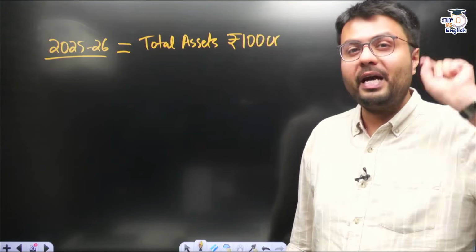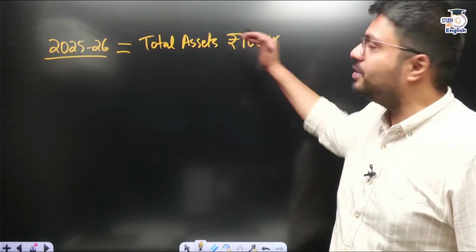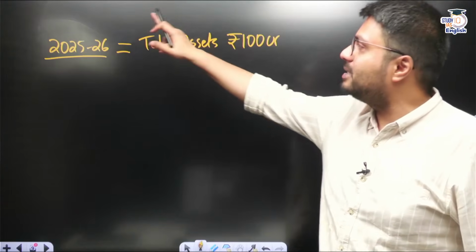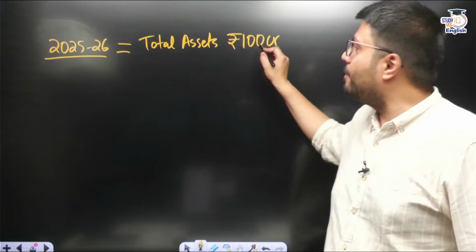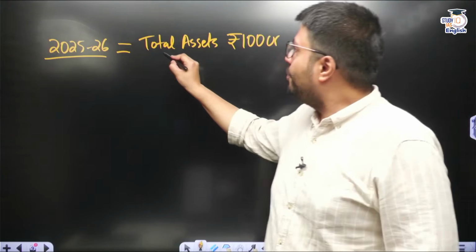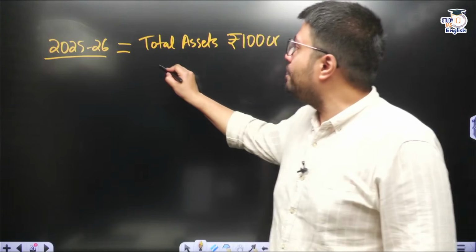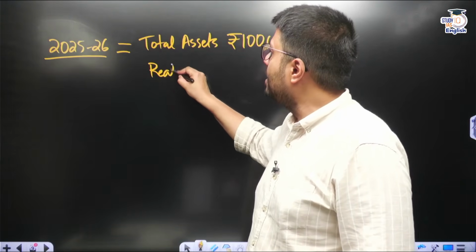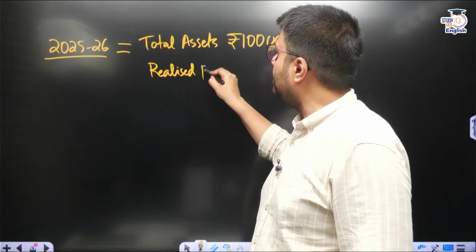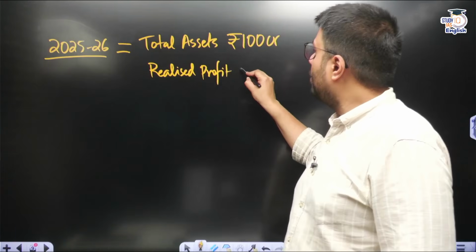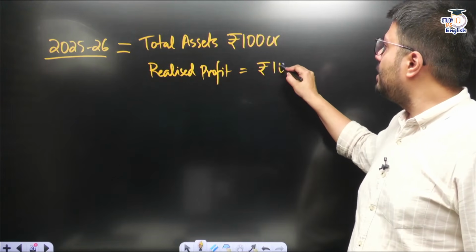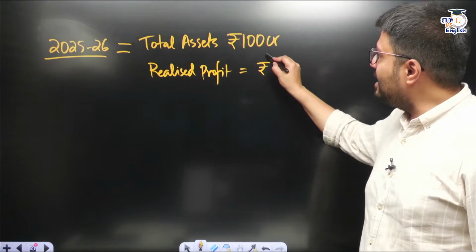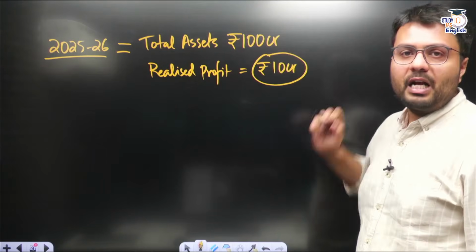But to simplify or to make you understand, I've assumed that RBI's total assets in 25-26 amount to 100 crore rupees. From this, let us suppose RBI makes a realized profit of rupees 10 crores. Now, is this entire 10 crore rupees transferable to the government?